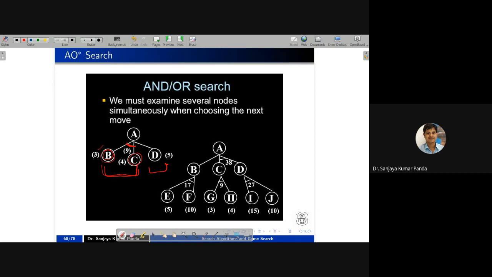Here the cost is 3, here the cost is 4. So the sum of this cost is 3 plus 4 plus 1 plus 1, by assuming that each edge cost is 1. Similarly, if you take this particular tree, here the cost is 5, here the cost is 10. The cost here is 5 plus 10 plus 1 plus 1. Similarly, if you look into this particular tree, this AND part, it is 3 plus 4 plus 1 plus 1 and so on. So this is an example of your AND-OR graph.